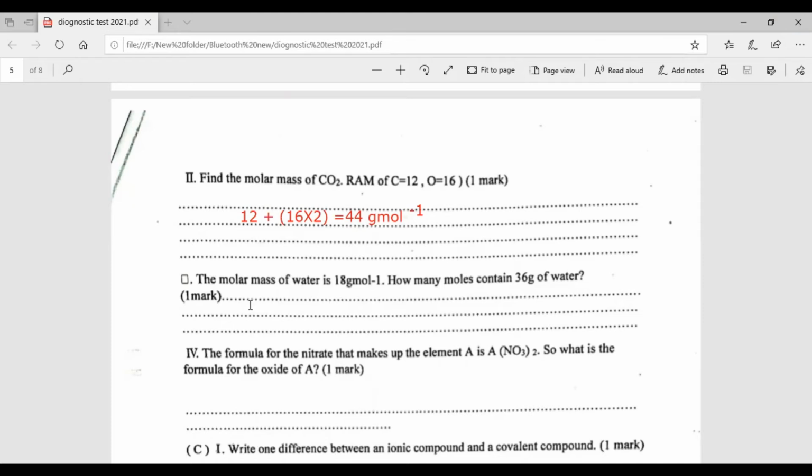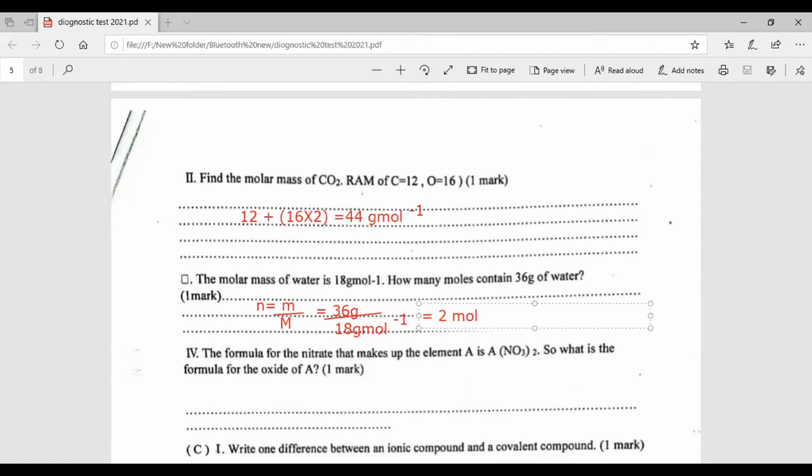They ask about the number of moles, so n equals m divided by capital M. Here m is 36 grams divided by 18 grams per mole. The answer is answer number 2.